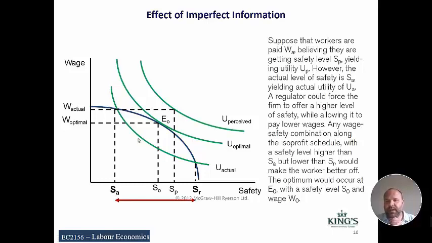So the worker is right here. This is their level of utility. If the worker accepts any wage or safety combination on this line anywhere, their utility is going to be higher. So any safety regulation that the government would impose between SA and SR would actually make them better off.